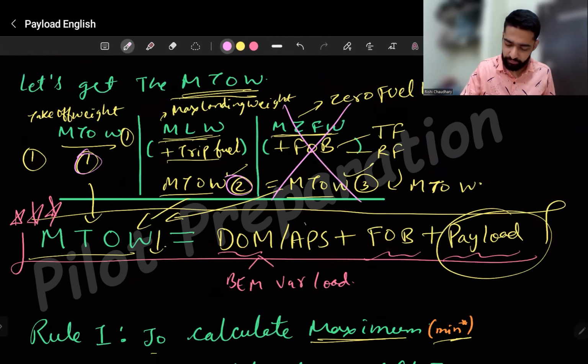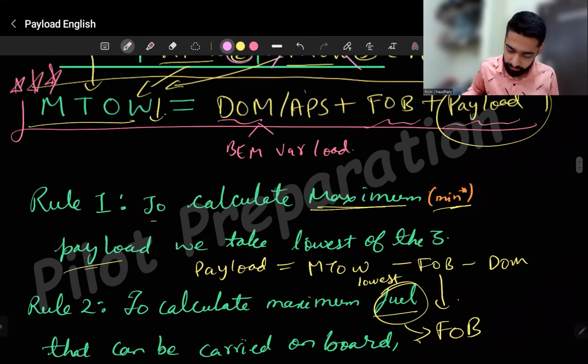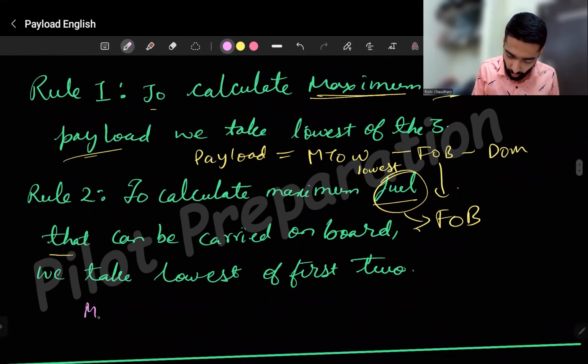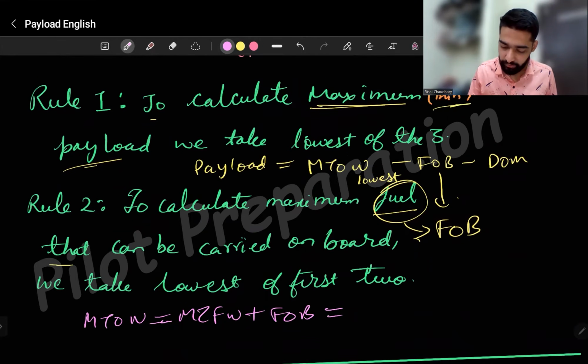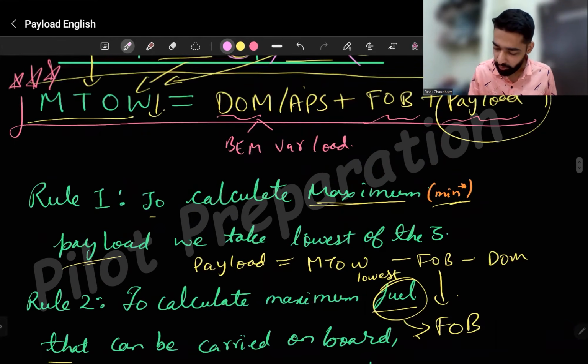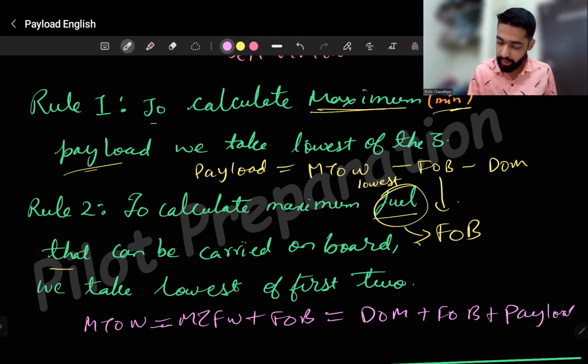We can see it this way: we know that MTOW is nothing but MZFW plus FOB. That is nothing but DOM plus FOB plus payload. And you need to find out what? You need to find FOB. But can you find out FOB if you are using MTOW3?